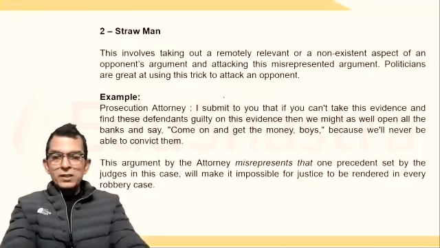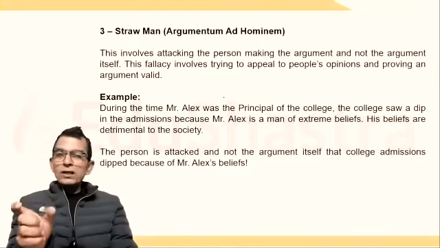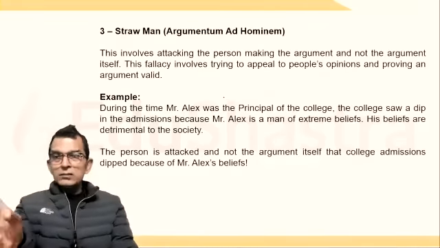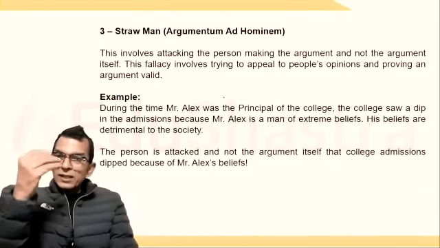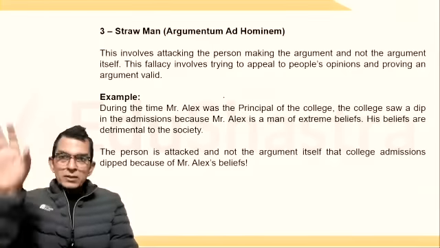Now come to the next one. Strawman can also take another shape. We call it argumentum ad hominem. Strawman is where I take the argument, twist it, and then attack it. Sometimes I forget the argument altogether. Who said it becomes the main point for attacking.